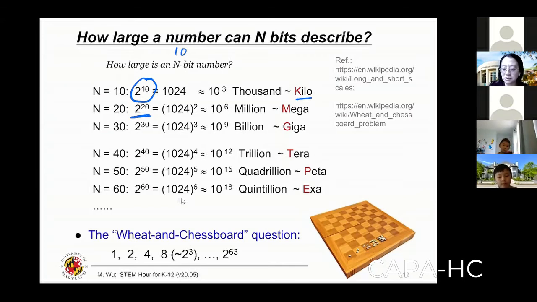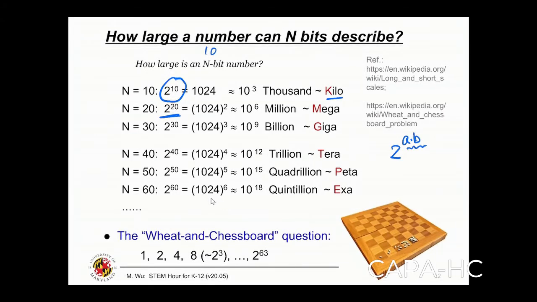But for friends in middle school and high school, you may have seen that if the superscript is a product of two numbers, then we could write it in terms of 2 to the 10th power, and then taking that as a whole, to the power of 2. So I could use 2 to the 10th as a building block.